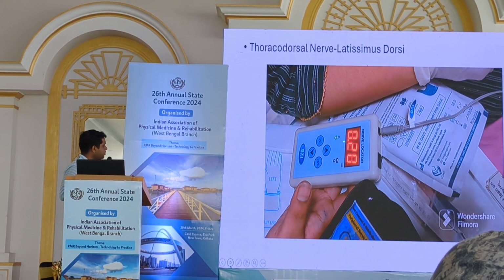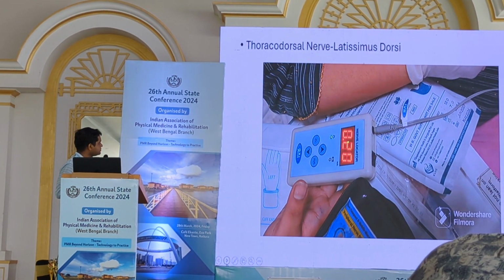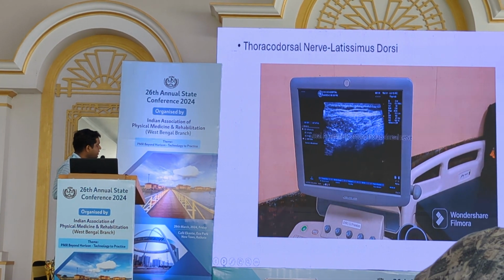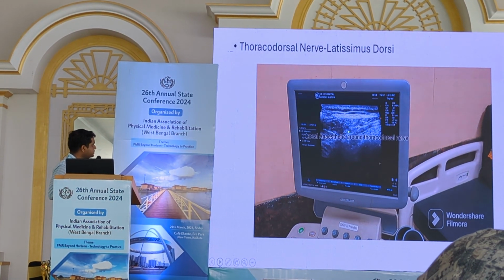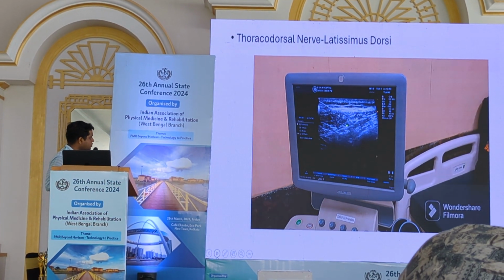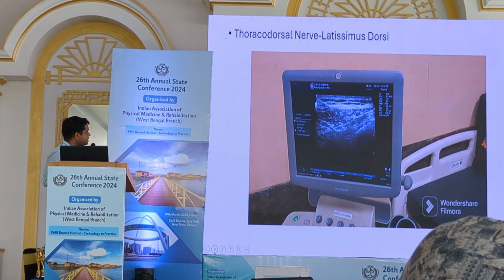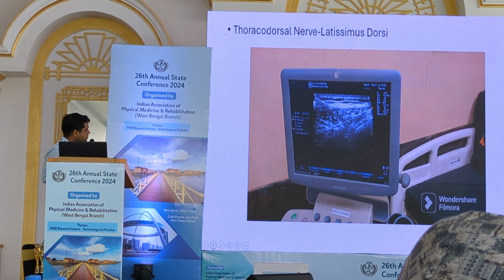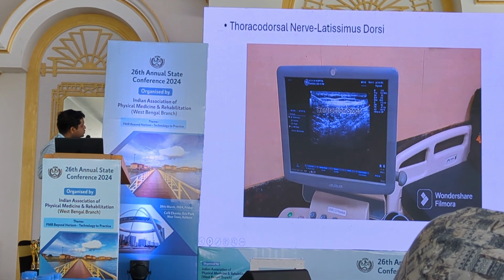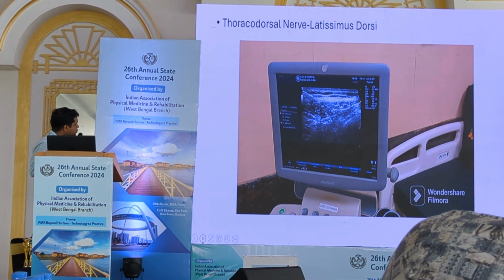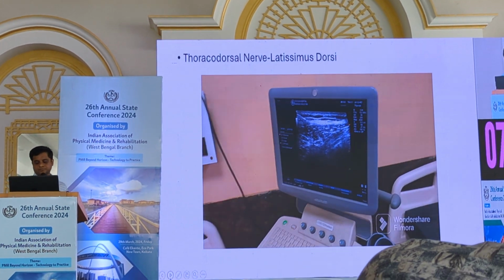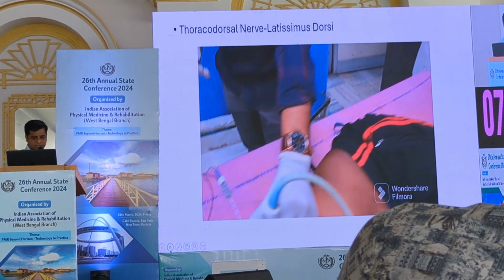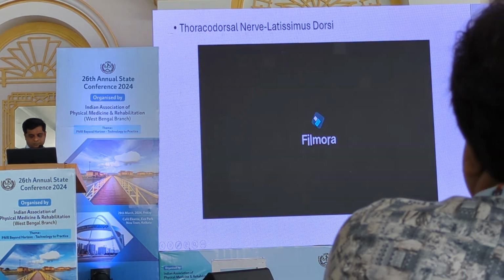This is happening at 0.2 milliampere of current. We inject the local anesthetic here, and the contraction stops. We increase the current to 0.5 milliampere, and the contraction still remains absent. So we have effectively neurolyzed the thoracodorsal nerve. There is no contraction.